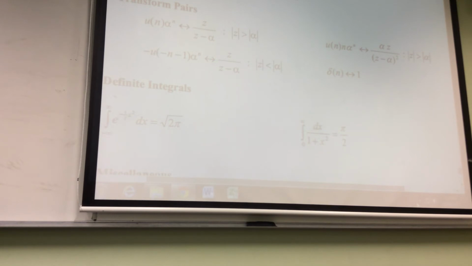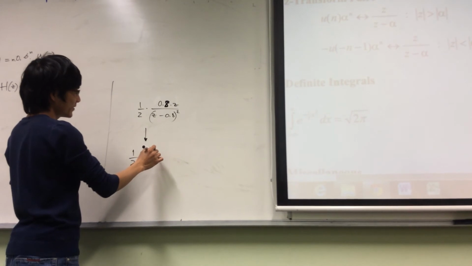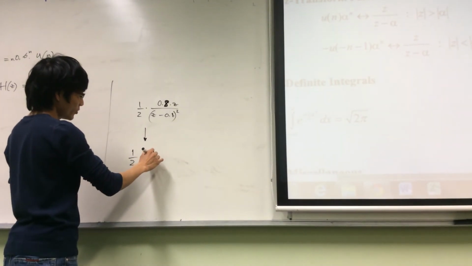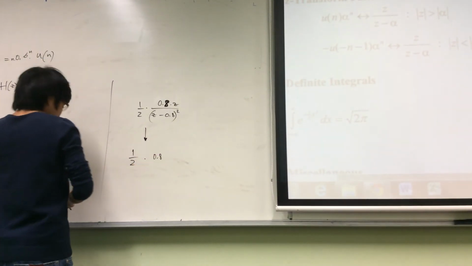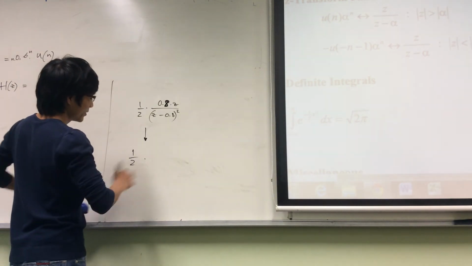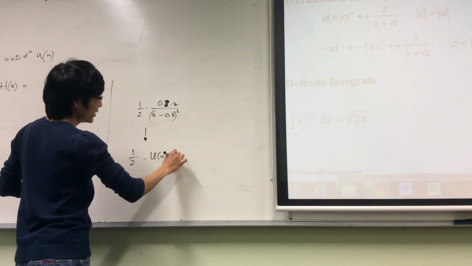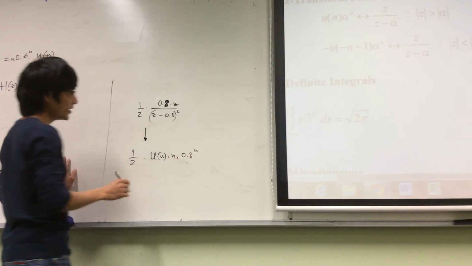So this one will be multiplied by 1 over 2, so that you get 0.8z over here. This one gives you 1 over 2, z, n times 0.8 to the power n.